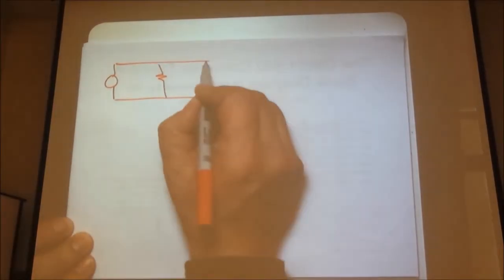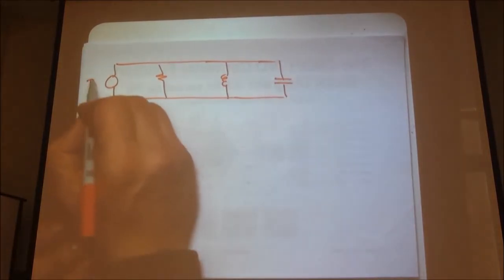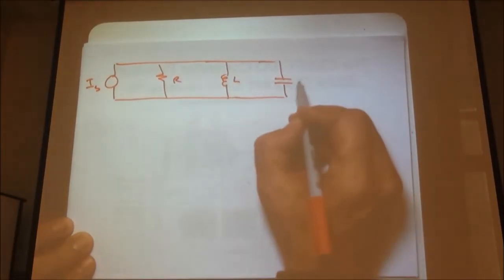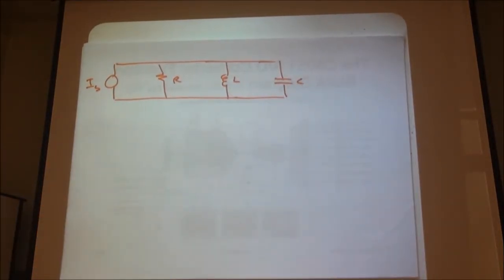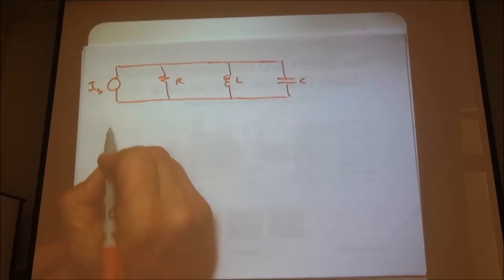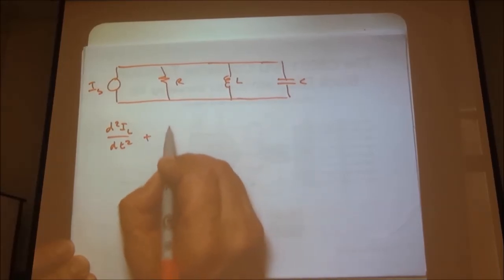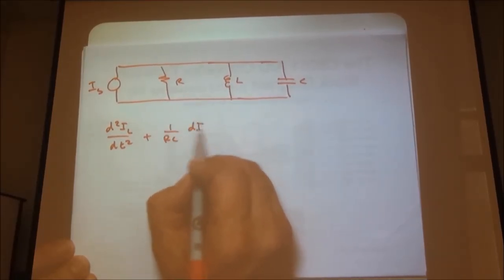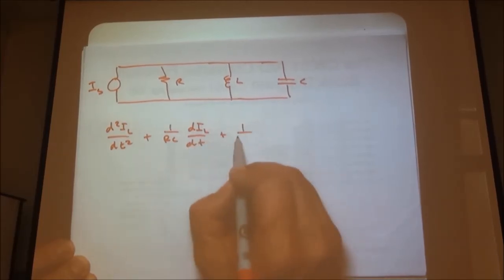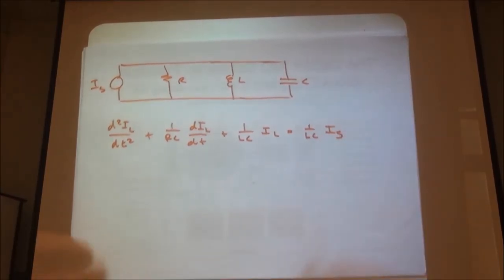In the interest of saving a little bit of time as we do the team assignment, we did this last class, but what does our differential expression look like for the current through the inductor? d squared IL by dt squared plus 1 over RC dIL by dt plus 1 over LC IL equals 1 over LC times the source.